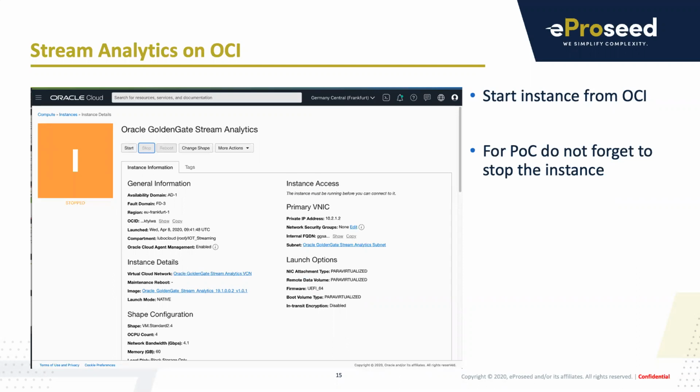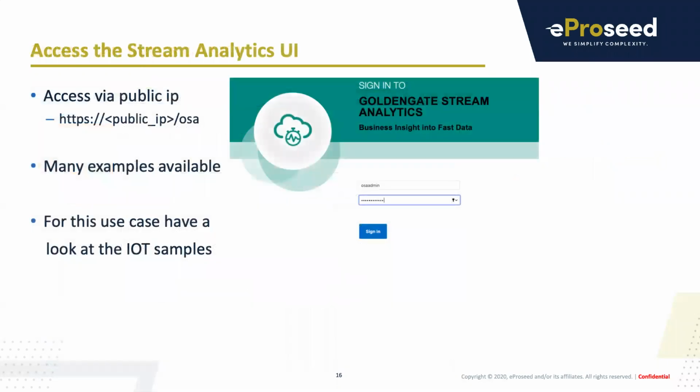So, when we have this all up and running, you can actually use the Stream Analytics UI. It's a simple user interface that provides you with all the functionality that you need to build dashboards and do the actual Stream Analytics. There are many examples available that you can use. For this use case, we had a look at the IoT samples, but obviously created our own implementation of it.